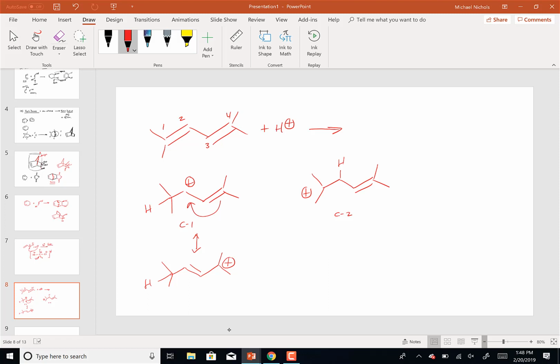I formed a tertiary carbocation, right? So on Monday, whether I said or didn't say, I'm going to say now, we always add the electrophile to carbons 1 or 4, to the end. We never add in the middle.